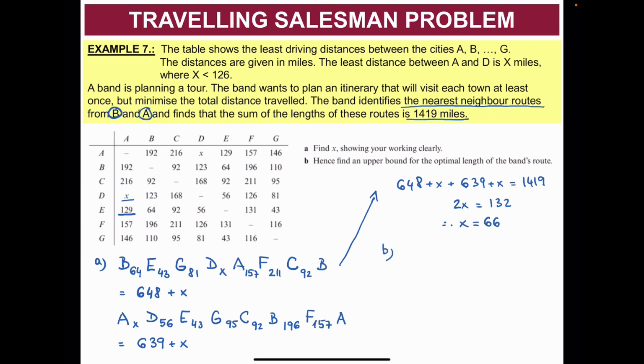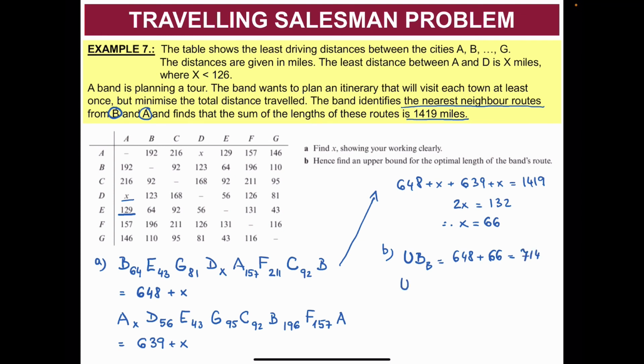So in part B, I need to find the upper bound for the optimal length of Ben's route. If I had the upper bound starting at B, then it would be 648 plus 66, which gives me 714.